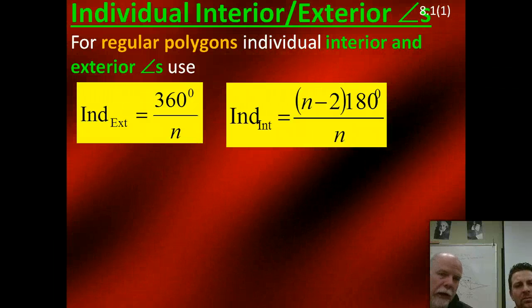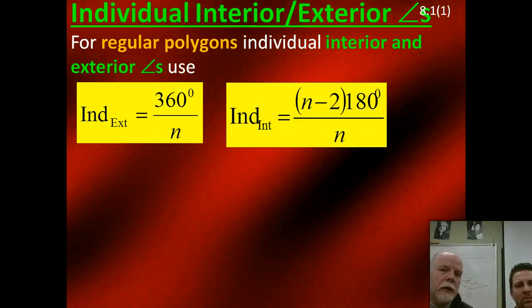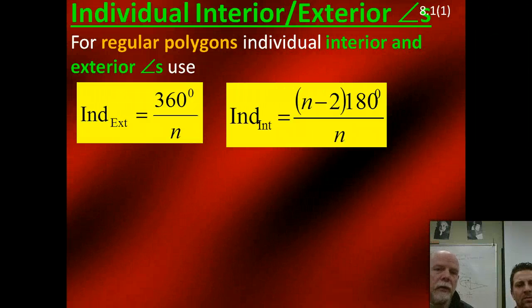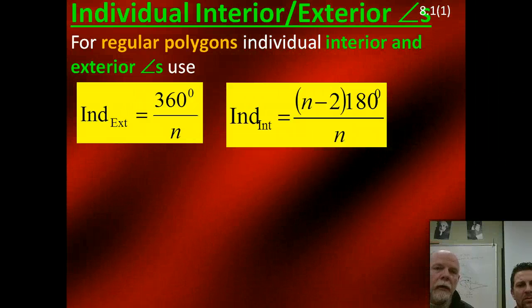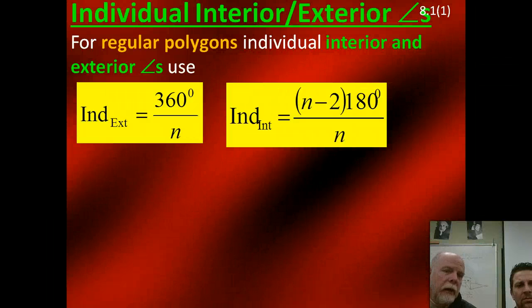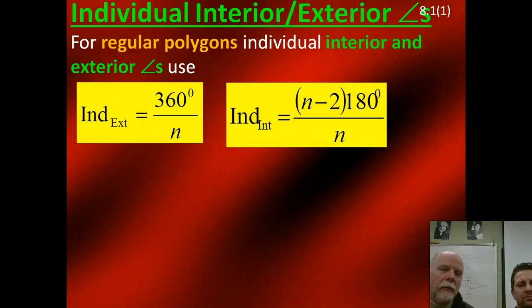And so as Mr. Videla calculated, if it was 360 degrees divided by the 12 angles that there is, each one of those exterior angles would be 30 degrees. If it was a hexagon, if there were 6 exterior angles, then each one of them would be 60 degrees on a regular hexagon. And so you just take the 360 and divide how many angles there are, because they're all the same, and that's how you figure out what each individual exterior angle would equal.